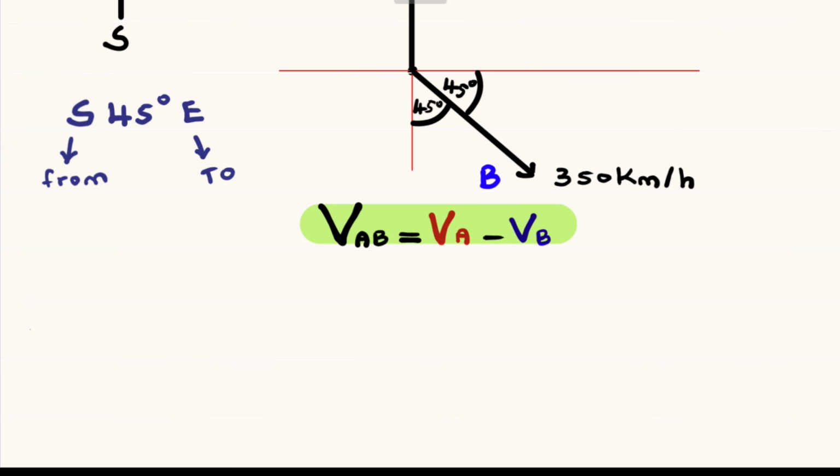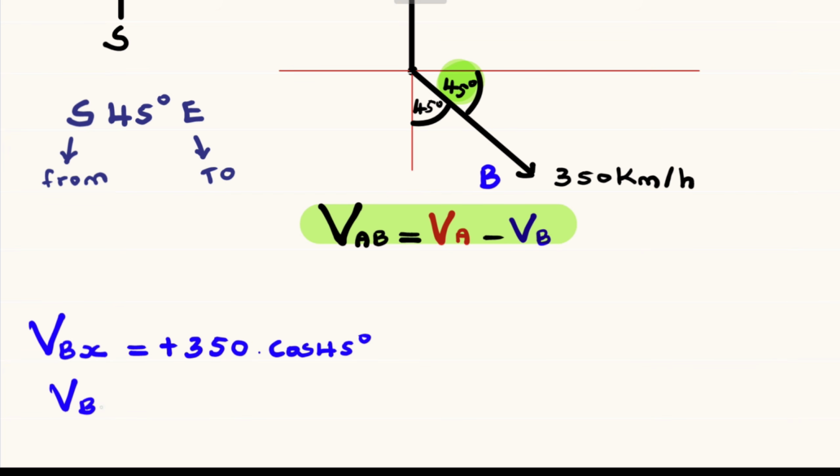So the horizontal component of the velocity of B will be equal to the velocity of B, which will be positive 350, multiplied by the cos of, so we are going to use that angle, the one attached to x, the cos of 45 degrees.